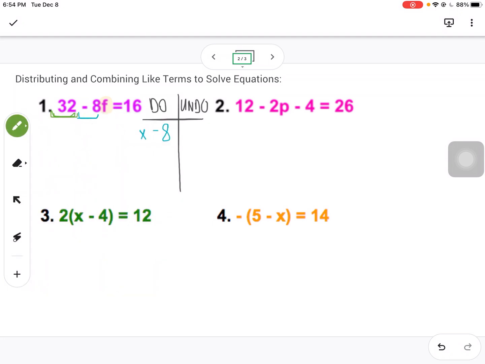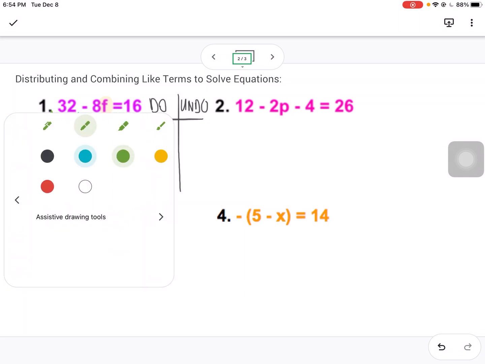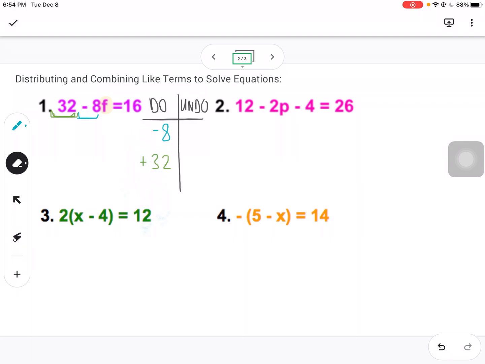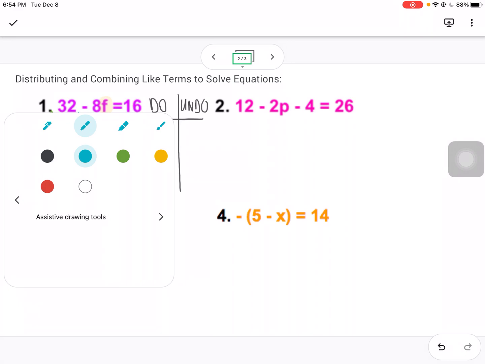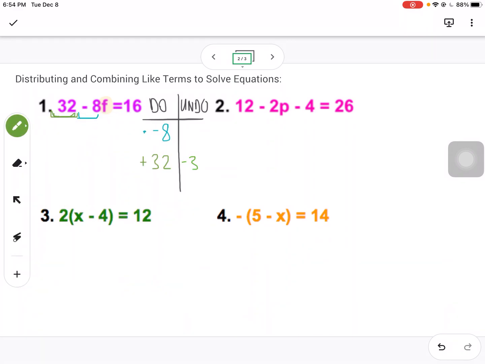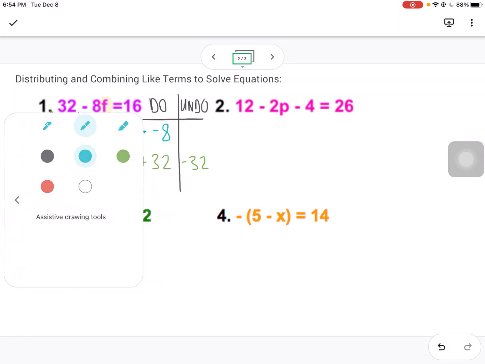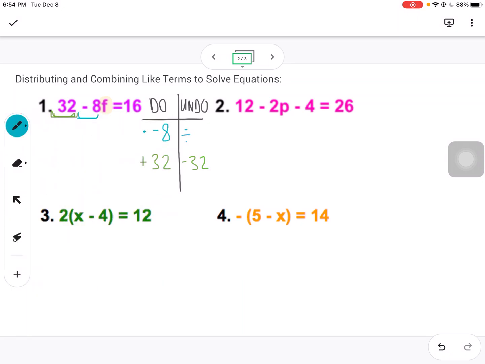And I say adding because 32 is positive, not negative. So I'm going to say plus 32. I'm actually going to change this to being like a little dot because I think it's a little clearer that that's multiplication. Okay. So if I were to undo those operations, the first thing I'd have to do is subtract 32. And the second thing I would have to do is divide by -8.